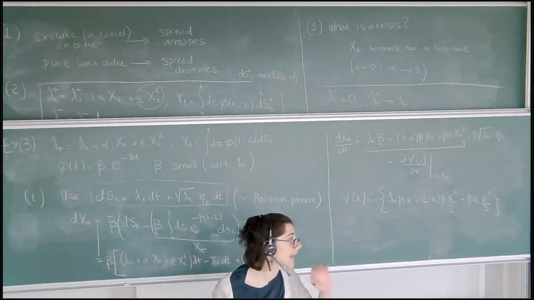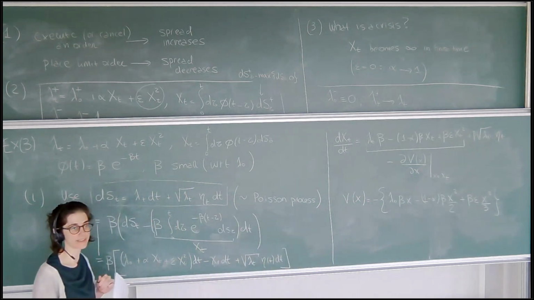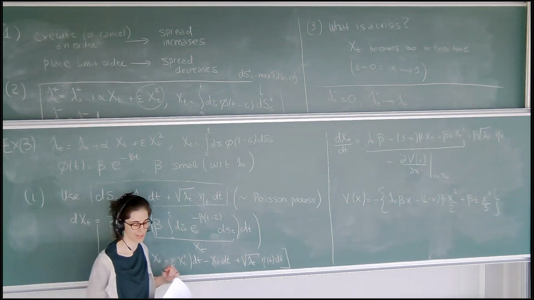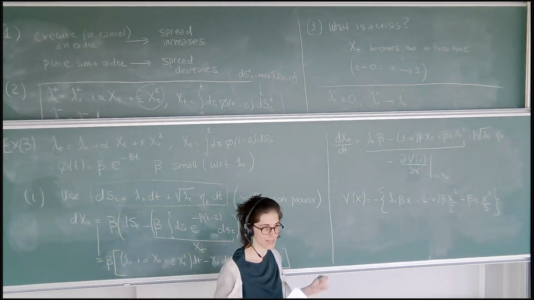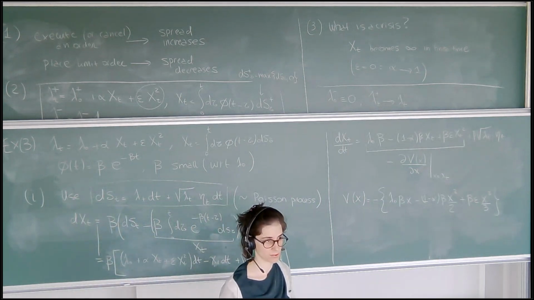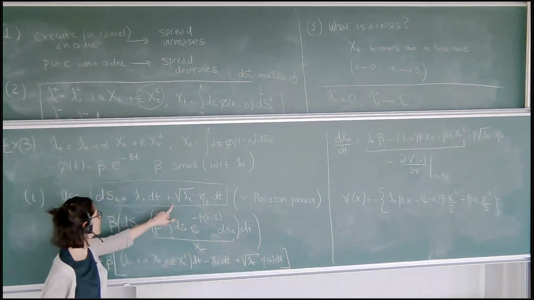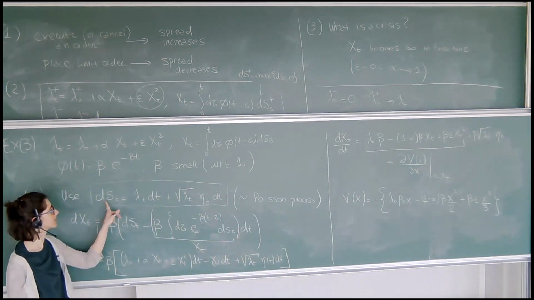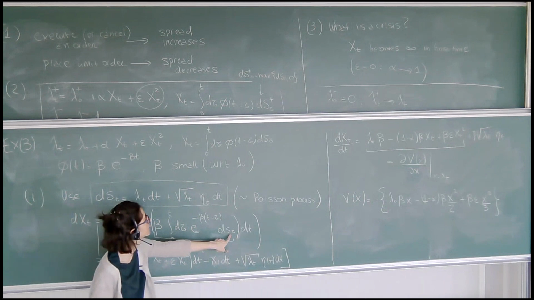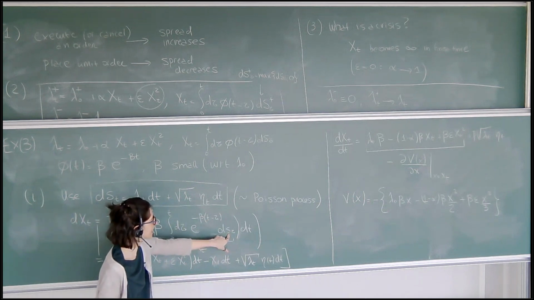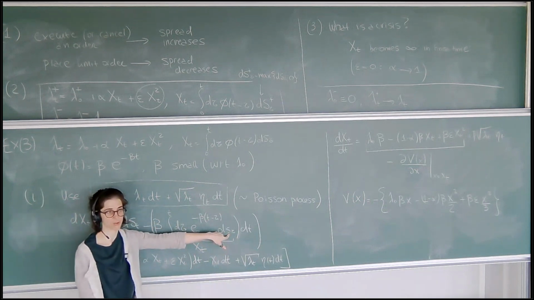You mean that, yes, because I killed all the events which decrease the spread by setting lambda 0 minus to 0. So the question is, why don't I put in here the constraint, or it was actually inside x, that ds is actually ds plus, so it counts only the spread increasing events.